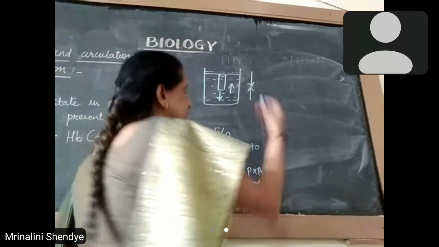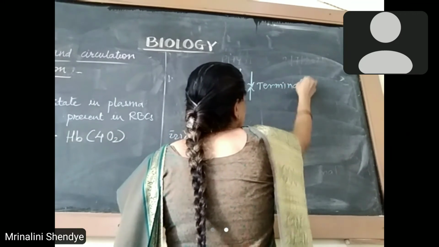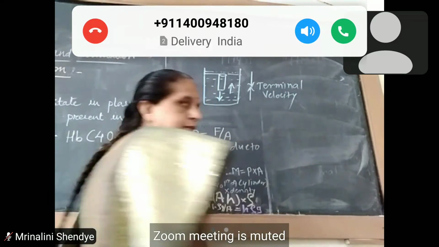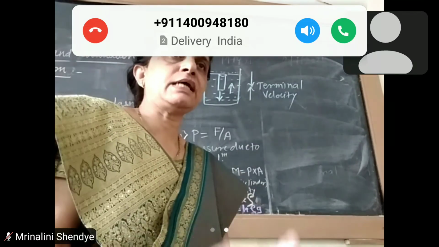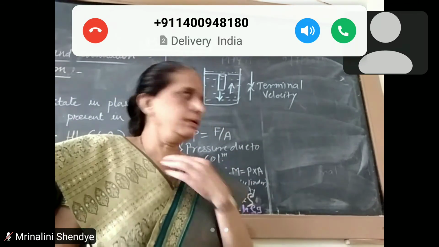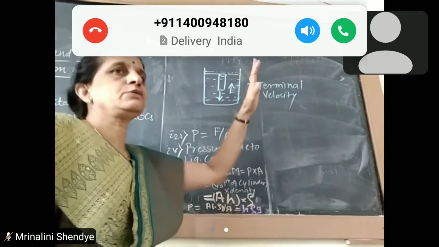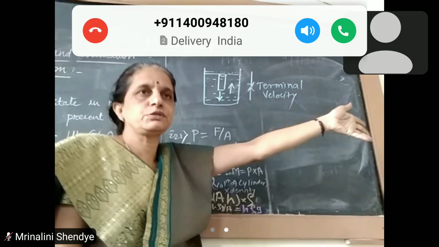That velocity is called terminal velocity, which we have already studied. Terminal velocity is not unlimited, but when the two forces acting on the body are equal and opposite, then the body attains one velocity, called terminal velocity. This is not our part to study.